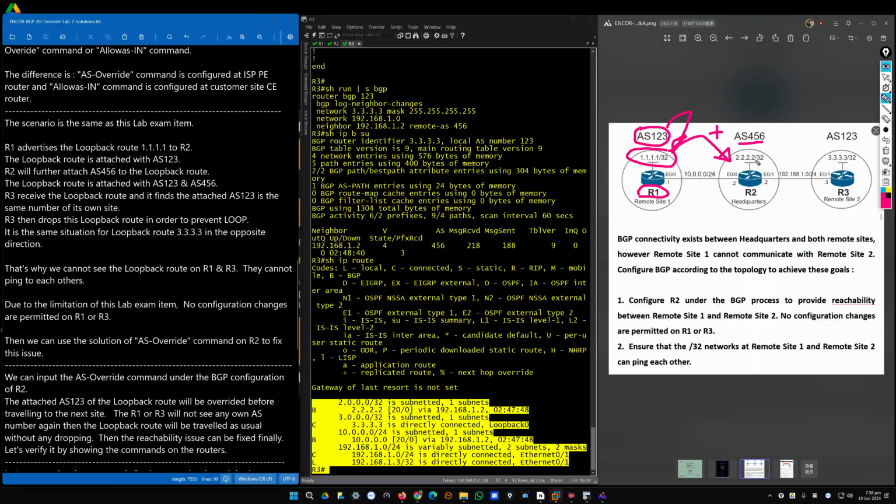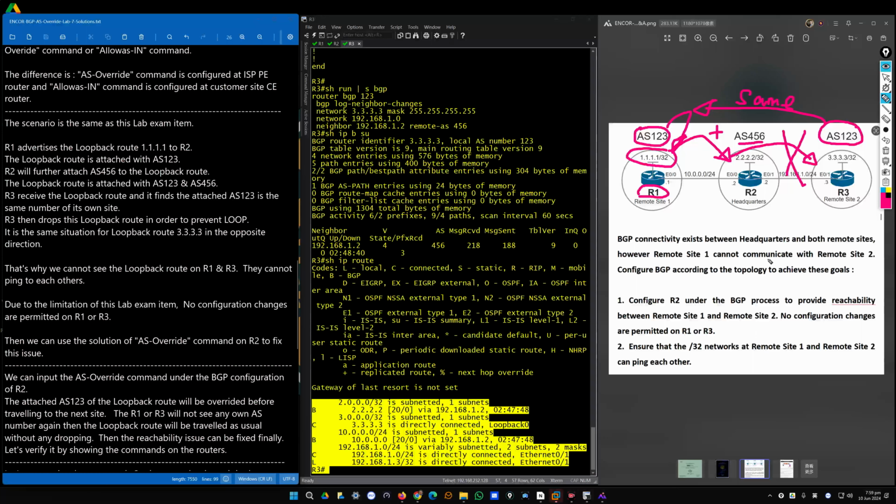R3 receives the loopback route and finds the attached AS number 123 is the same as its own site. By the default behavior, R3 then drops this loopback route in order to prevent a loop.